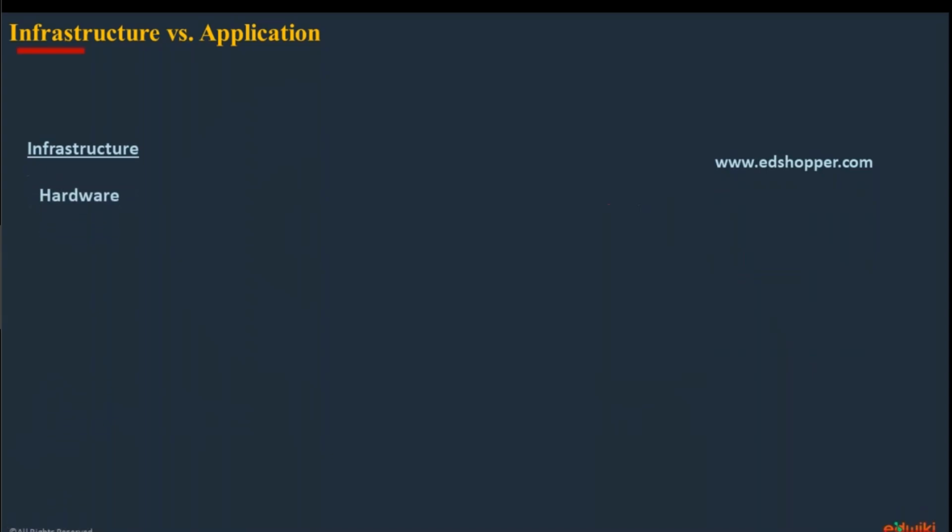Okay, so what does it mean by infrastructure? Infrastructure is the technical terminology that we use. It refers to the combination of hardware, processor, memory, networking, and storage, right? So what does it mean?